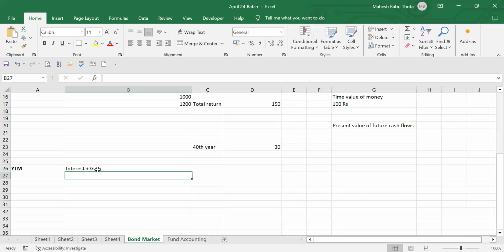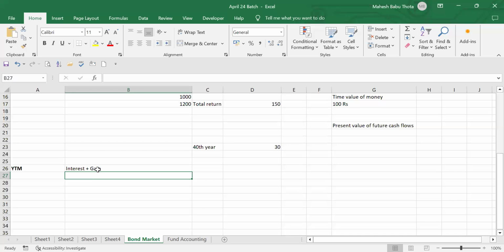We already discussed return. Return is nothing but interest. We'll be receiving a fixed rate of interest, right? That is called return. And also we will receive some gains, or else the principal amount of the bond, we can realize the face value, whatever the amount we have, at the time of maturity. So all together we call it yield to maturity.